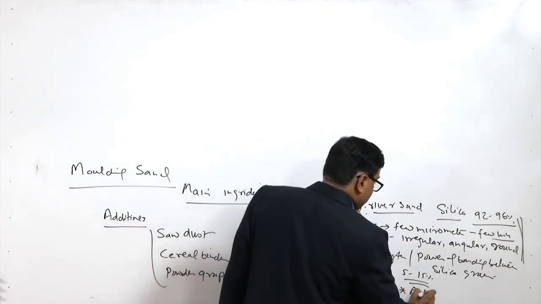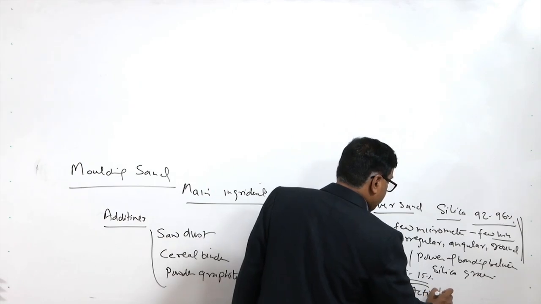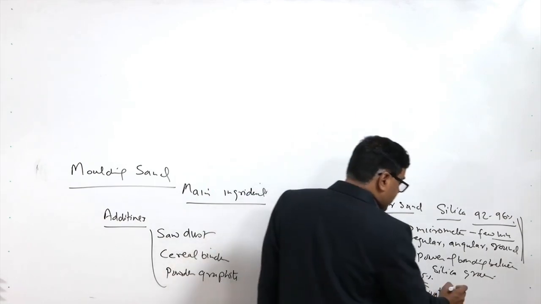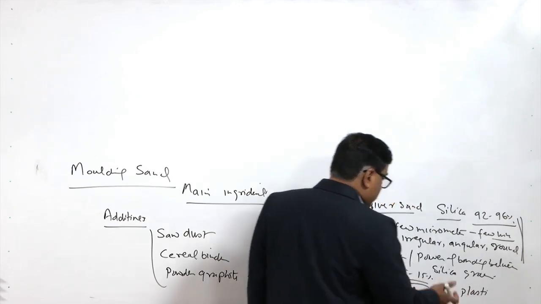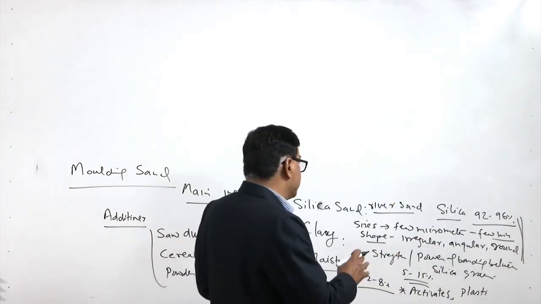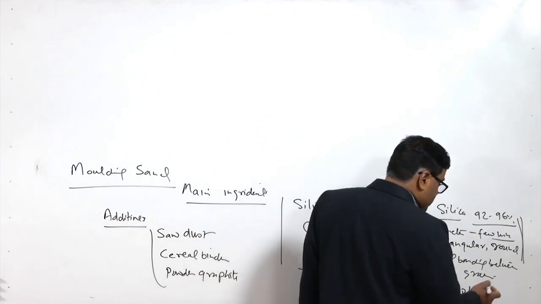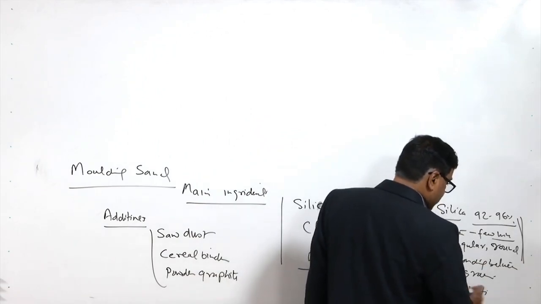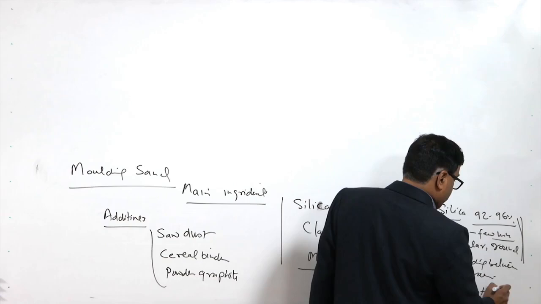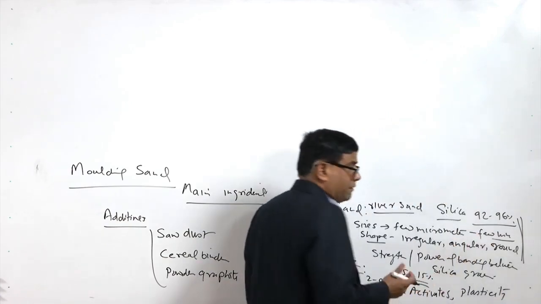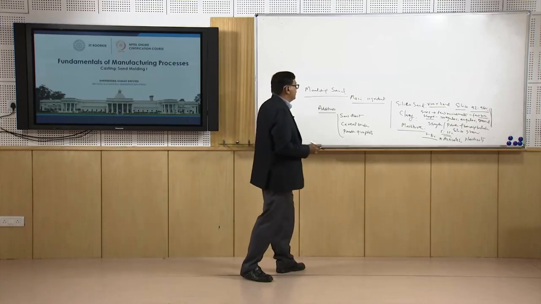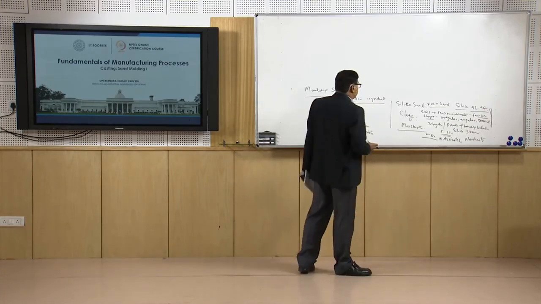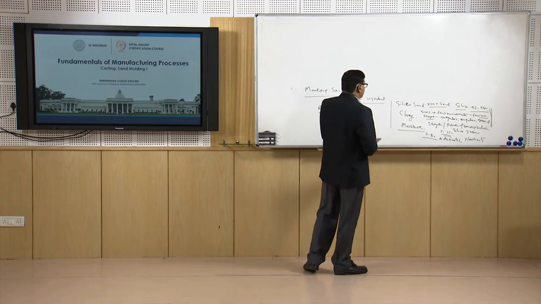One, it activates the clay for the bonding purpose, so that the activation of the clay results in the proper bonding. And when the water is added appropriately, it results in the desired plasticity of the sand mould, so that desired complicated shapes can also be realized through the addition of these ingredients.